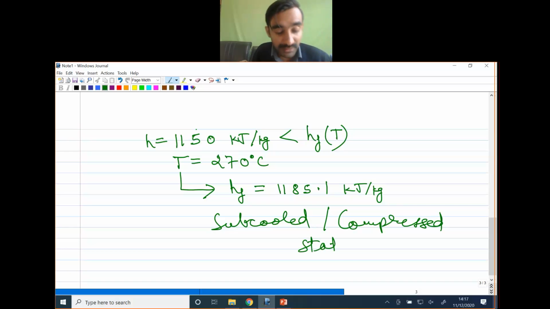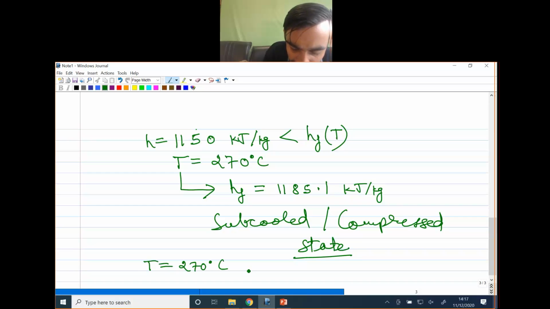Then we have another case. Consider that my temperature is 270 degrees Celsius only, but the value of enthalpy is, say, 4500 kilojoule per kg. Now at this state, what will be happening?